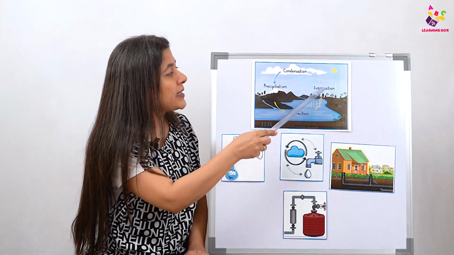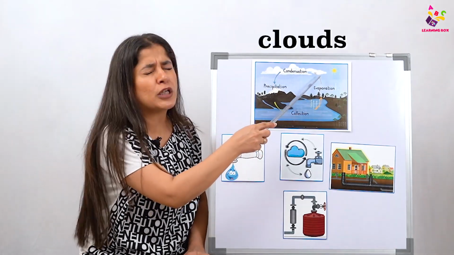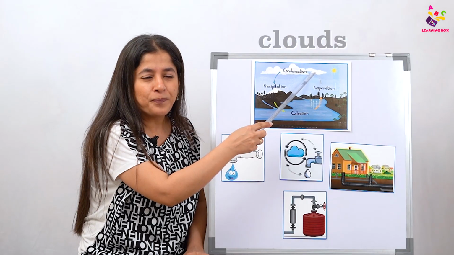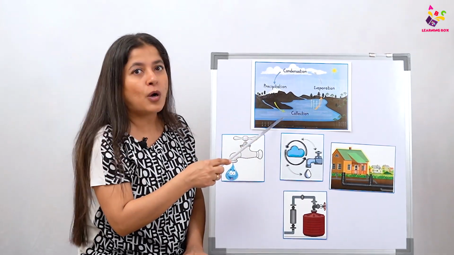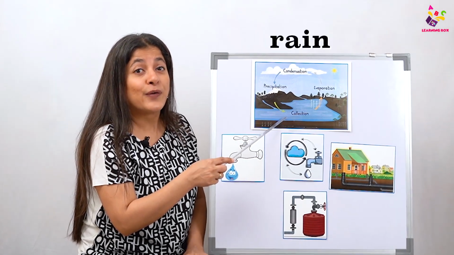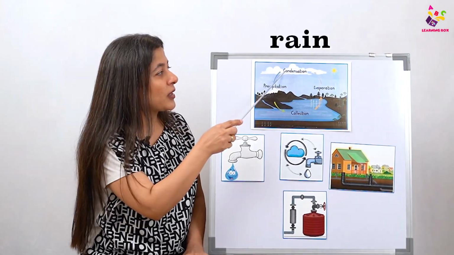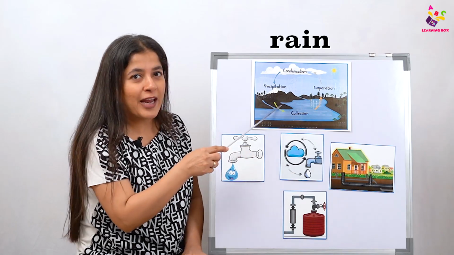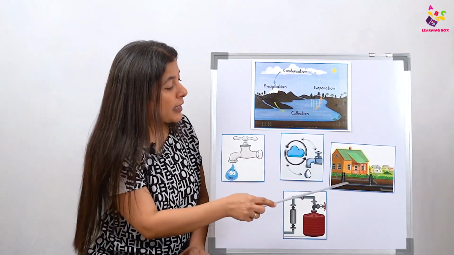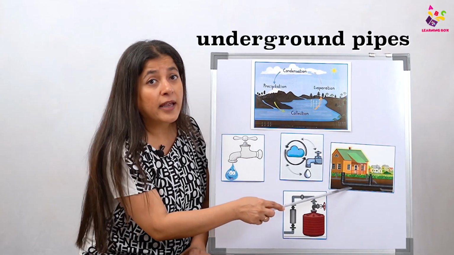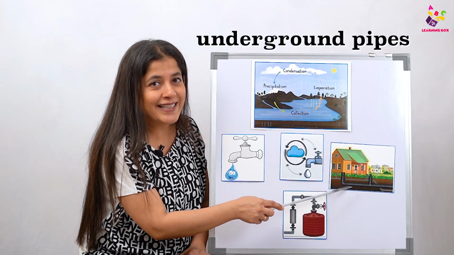So then it gets collected in the clouds and the clouds become very, very heavy. Then they can't take any more water. So they send the water back on earth through rain. And this water is then stored in the underground pipes, pipes which we cannot see.